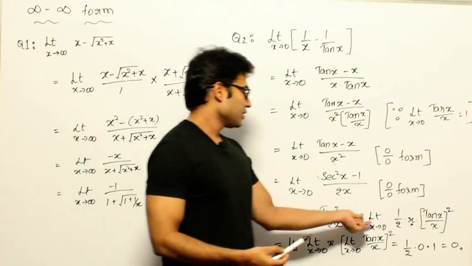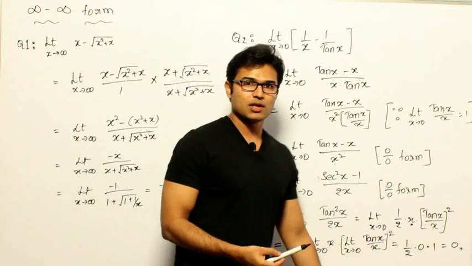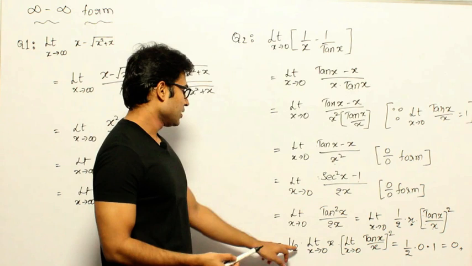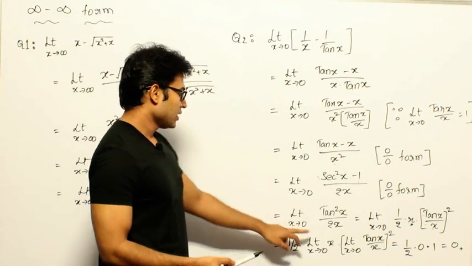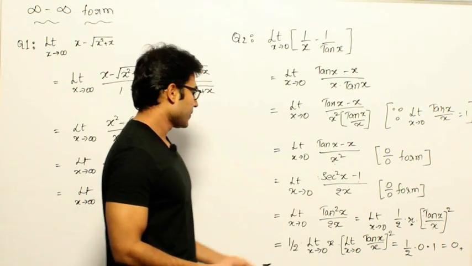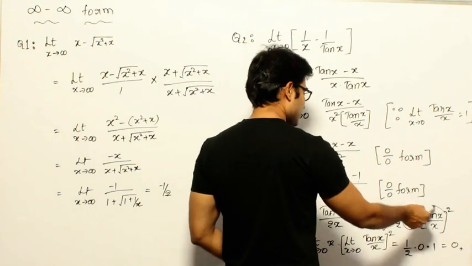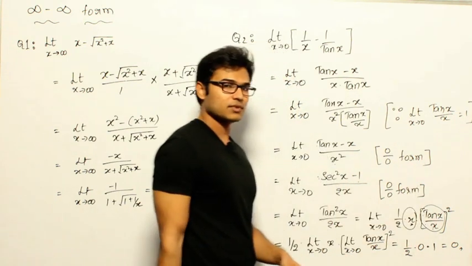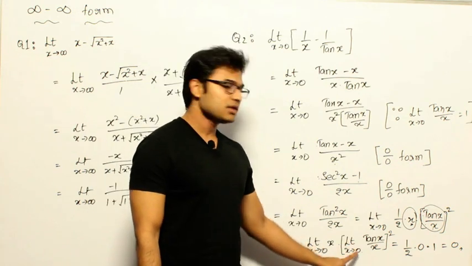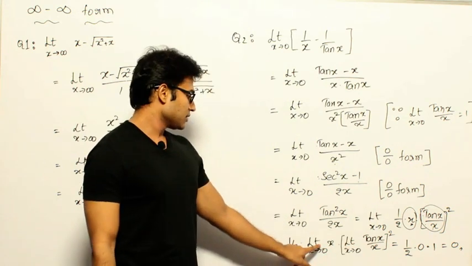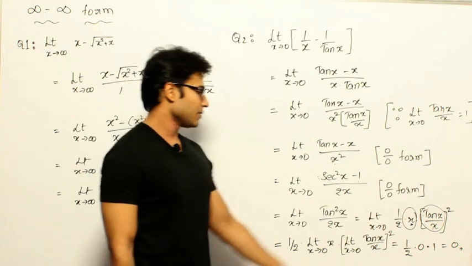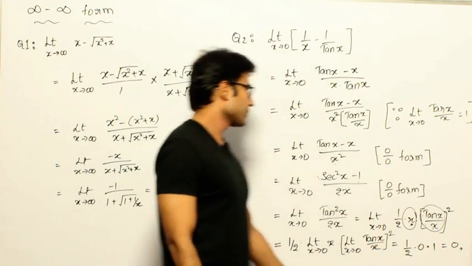Now you can apply limit x tends to 0 individually to all three parts. 1 by 2 you pull out, and limit x tends to 0 of x, which I am applying to this as well as to this entire part, right? And we know that this entire part is 1, and limit x tends to 0 of x is 0, so 1 by 2 into 0 into 1 is 0.